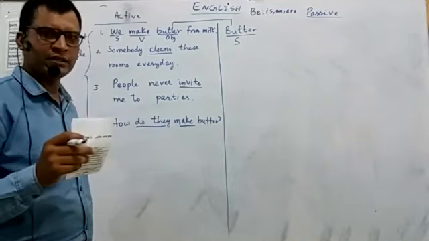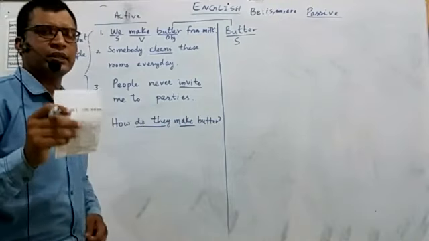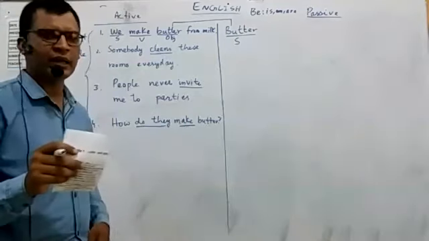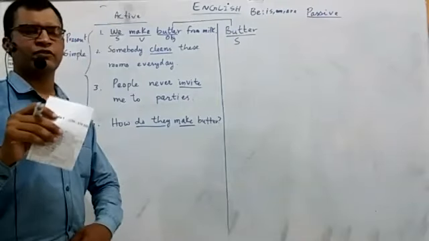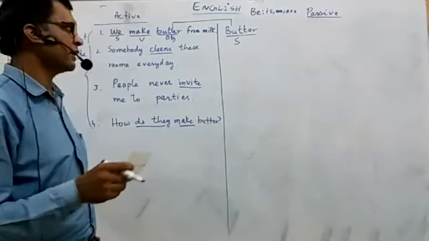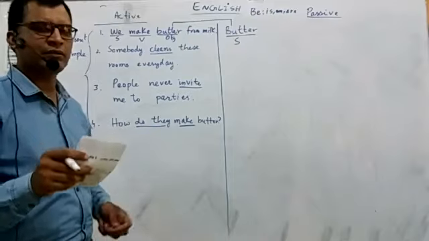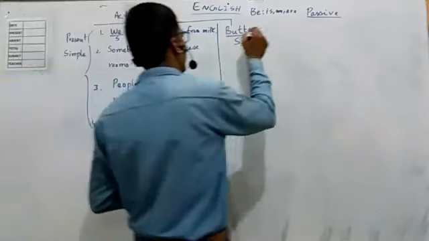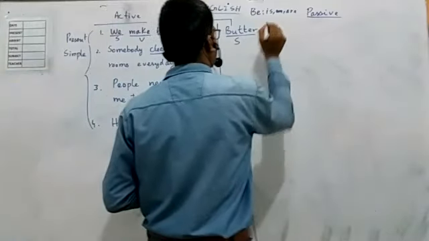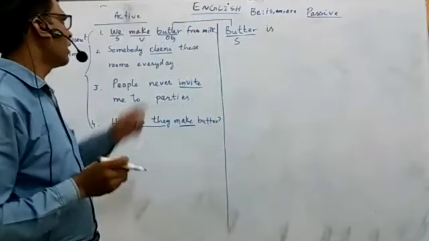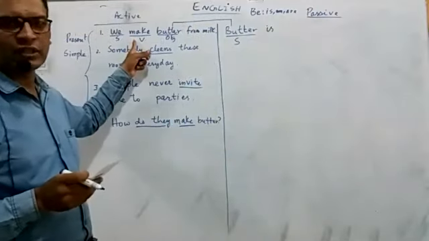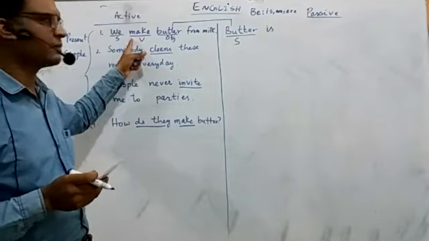So butter is basically a third person singular. It is actually it. If you talk about a pronoun, it is it, and with it we use is. So we say that butter is. Now here we have the first form of verb, which is make.